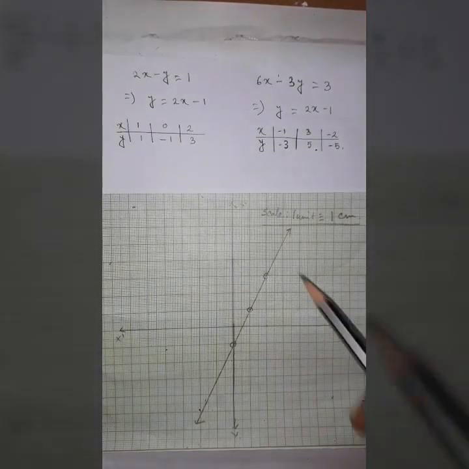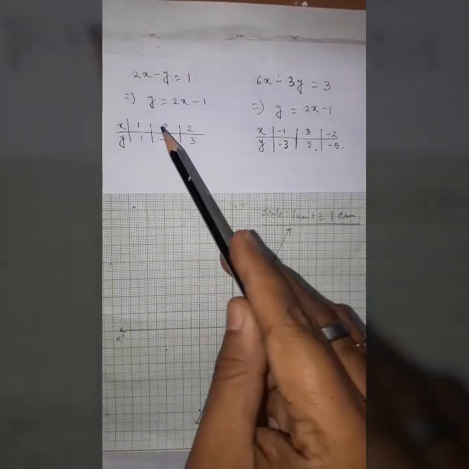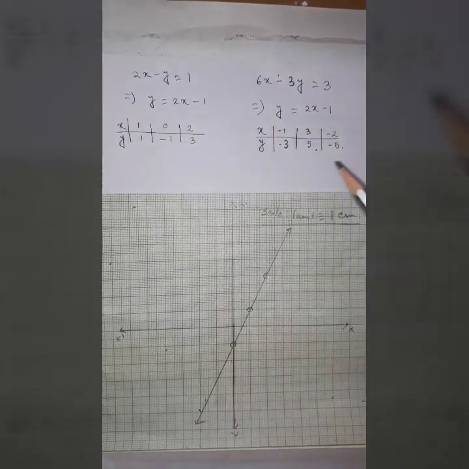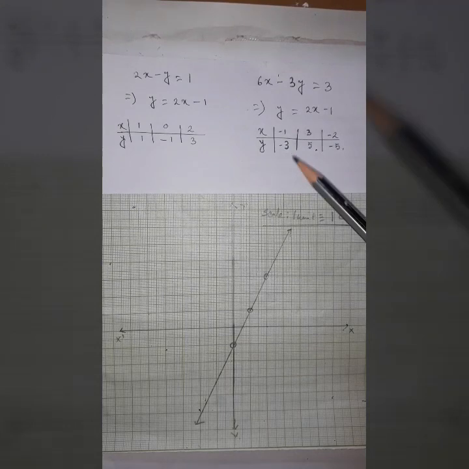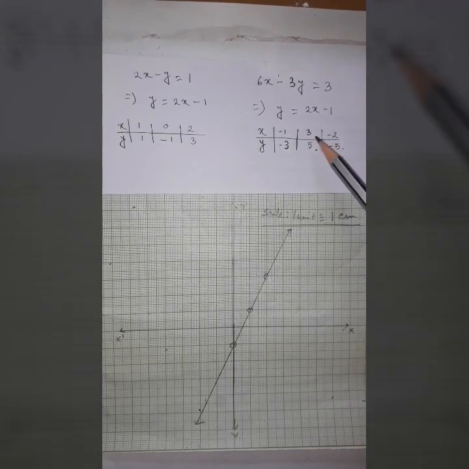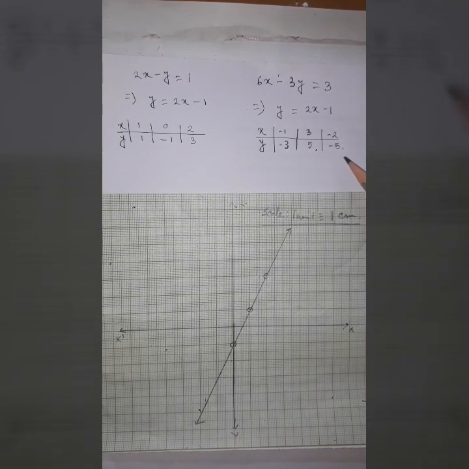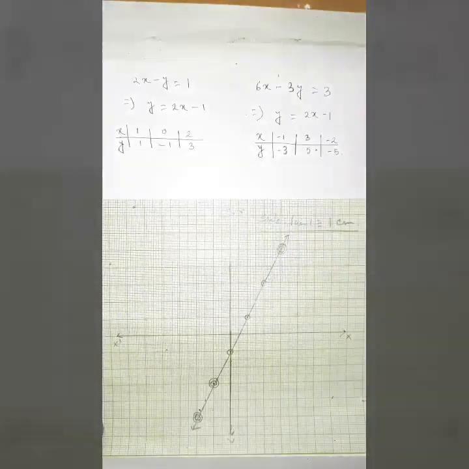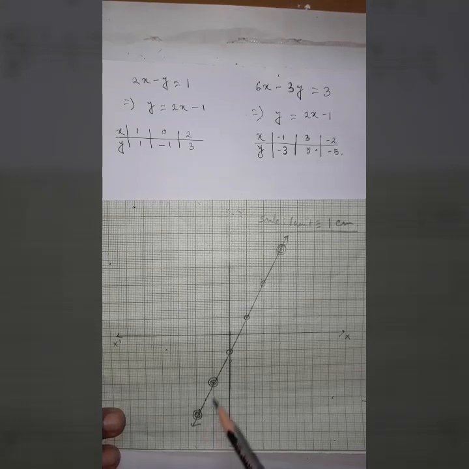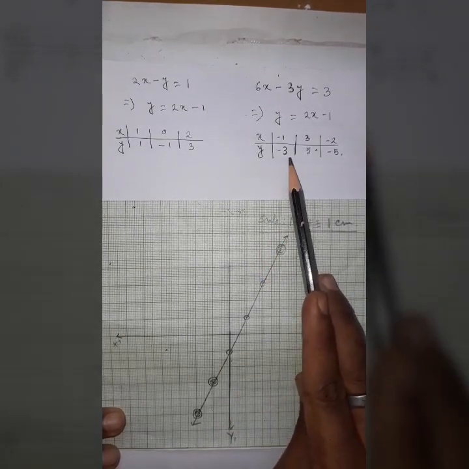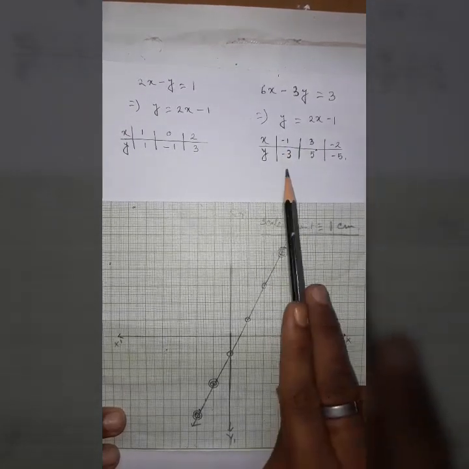Joining these 3 points, we got the straight line which represents this first equation, 2x minus y is equal to 1. Now we plot the points -1, -3, 3, 5 and -2, -5 to get the second straight line. Here I used this double circle to represent the points on the second equation.